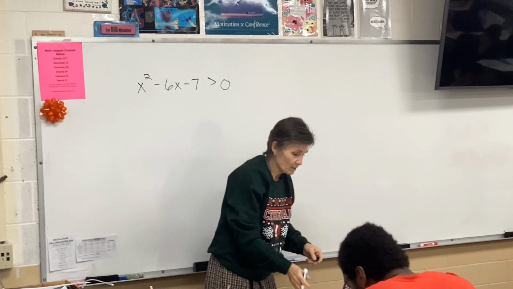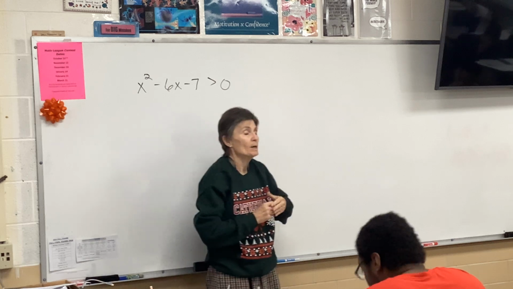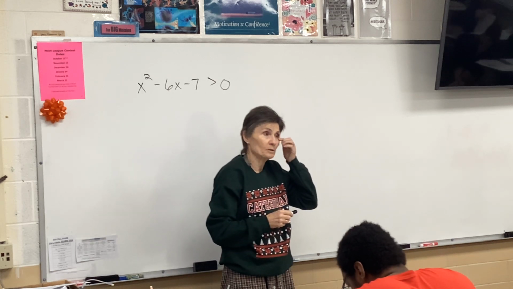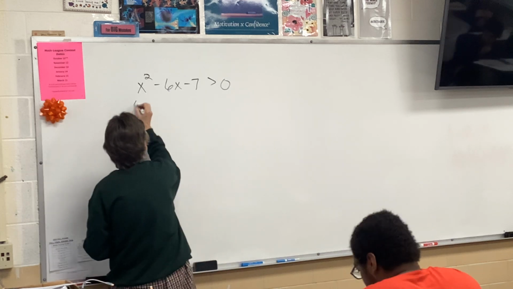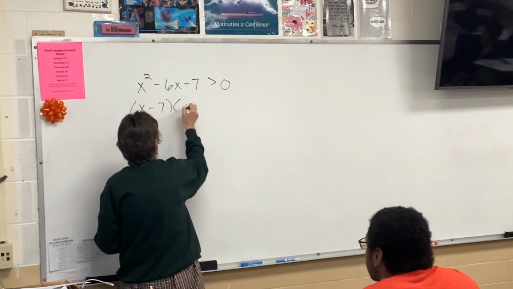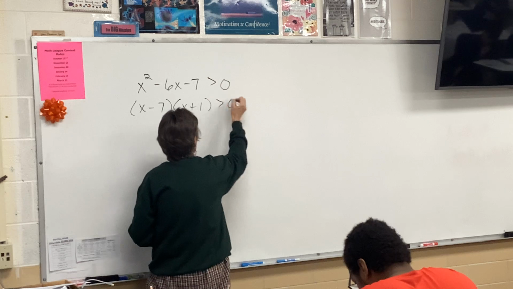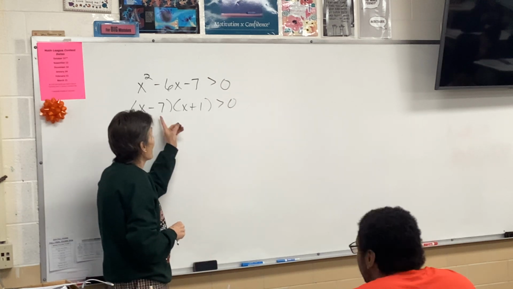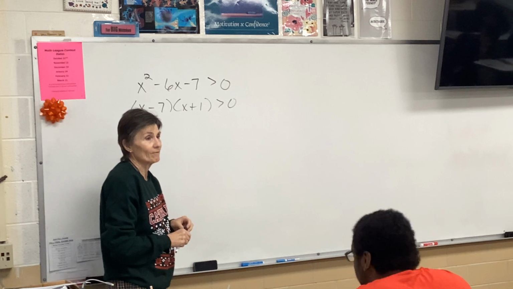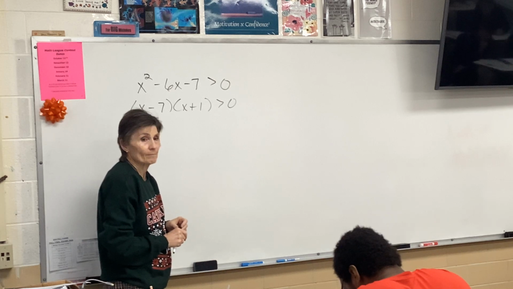All right, so what do you think? This is a no calculator problem. What do you think you will do first? Factor. Absolutely, you're gonna factor. And if you have issues with factoring, you are going to check by foiling it back and make sure that you have factored correctly.